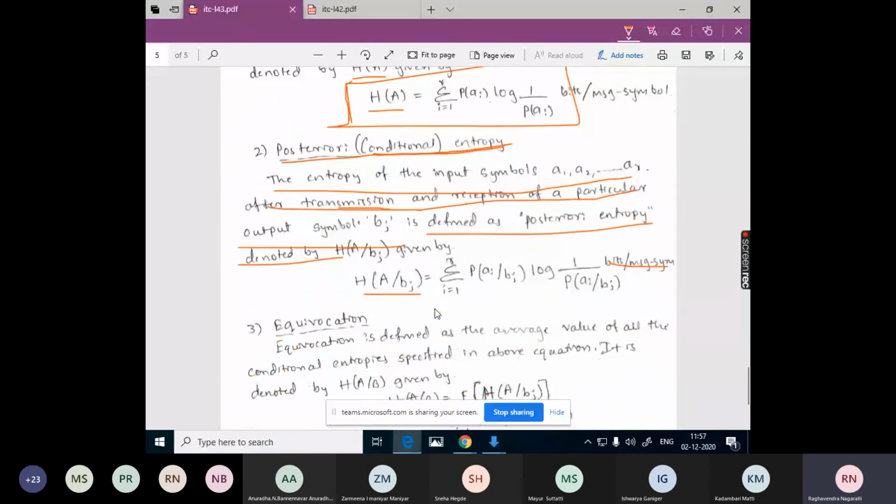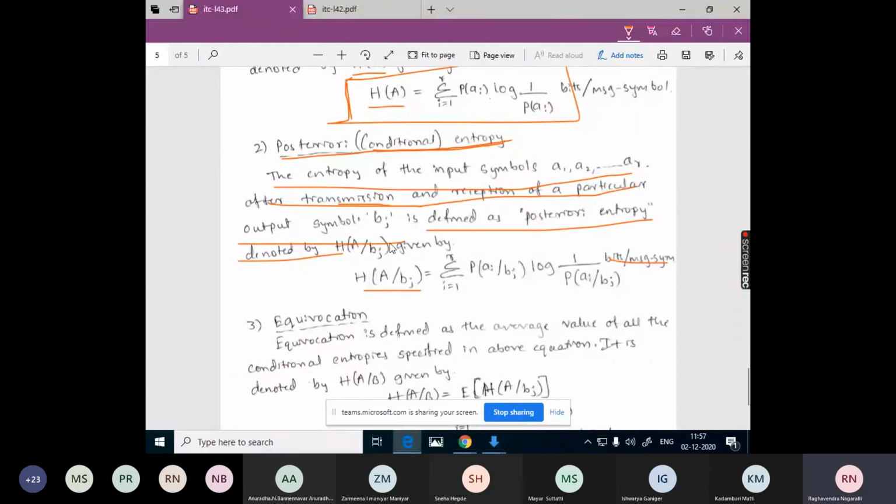That we are calculating here using the conditional entropy. So A is transmitted, and some Bj, B1, B2, B3, B4, any symbol is received. We are calculating the entropy of that transmission using this conditional entropy.